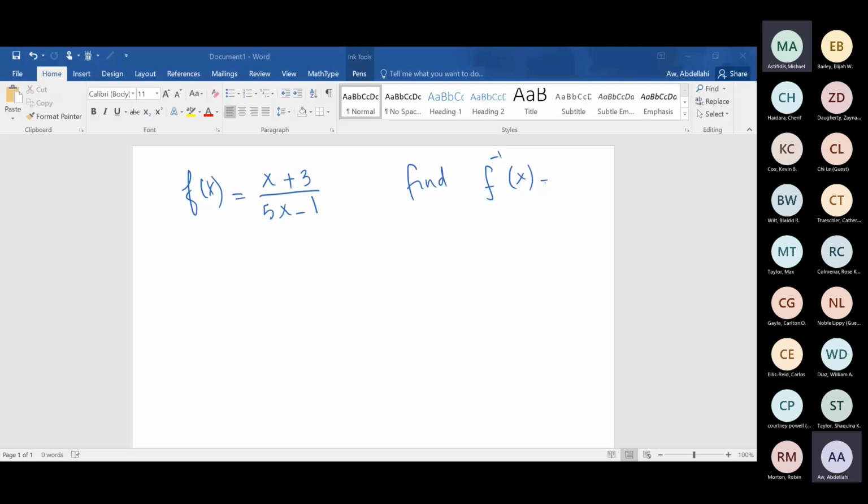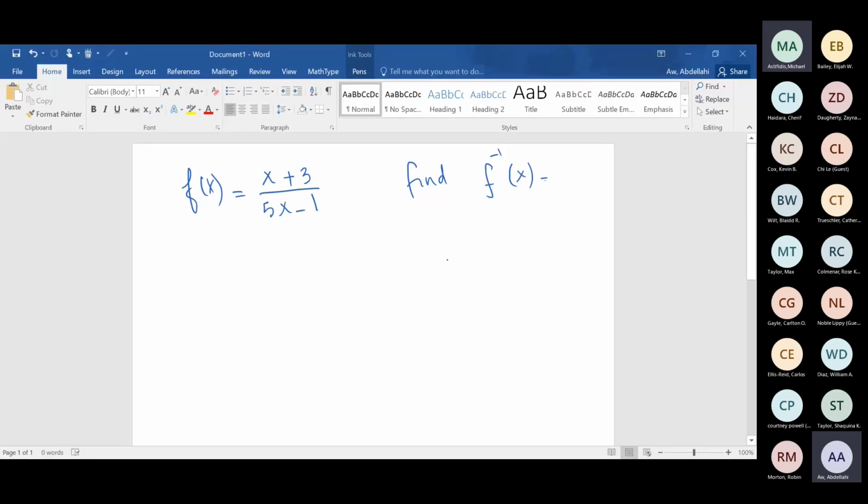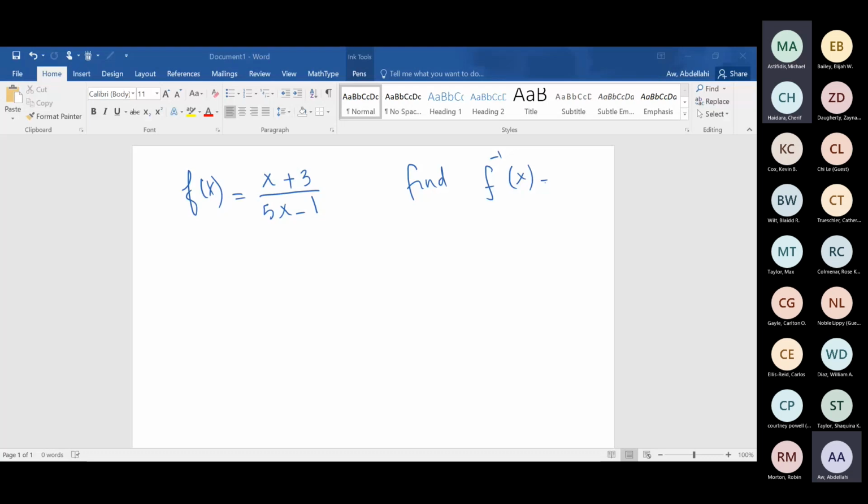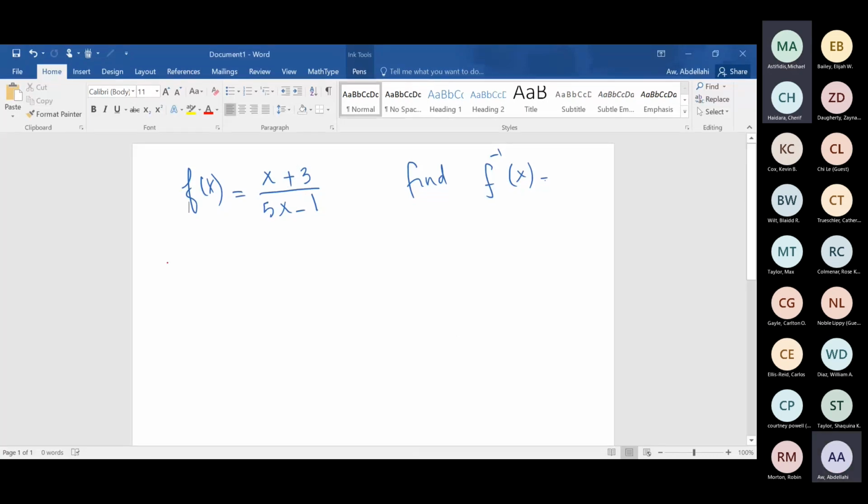Can somebody walk us through the steps, please? If you see that in the quiz, what steps are you going to do? Somebody volunteer, please. We take y equal to x plus 3 over 5x minus 1.